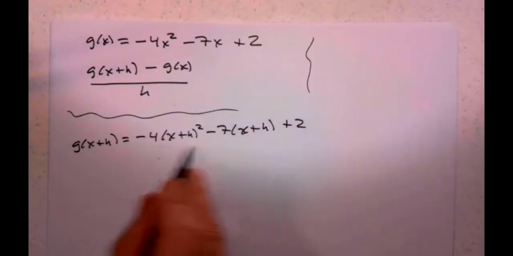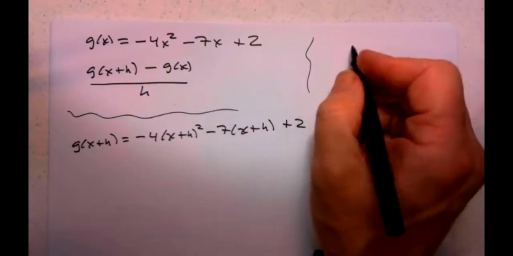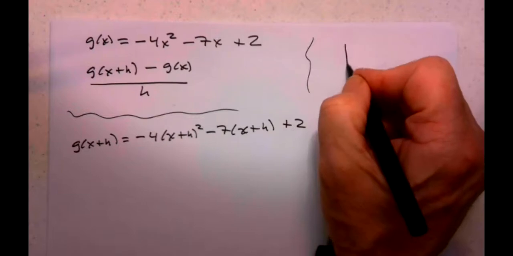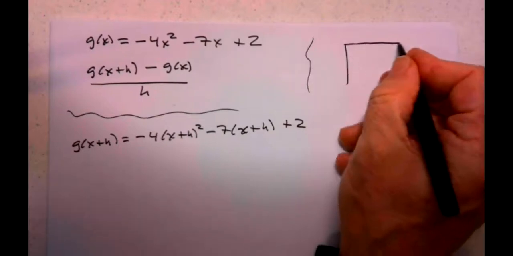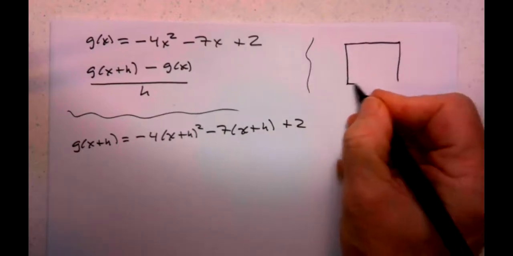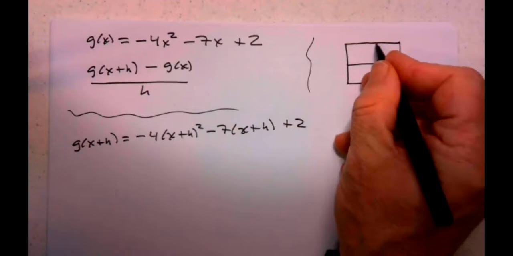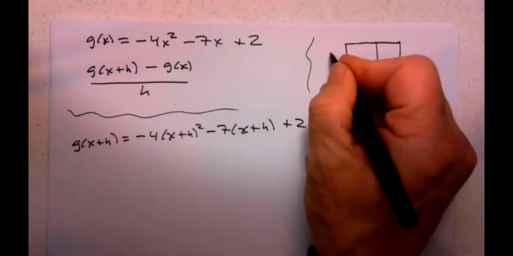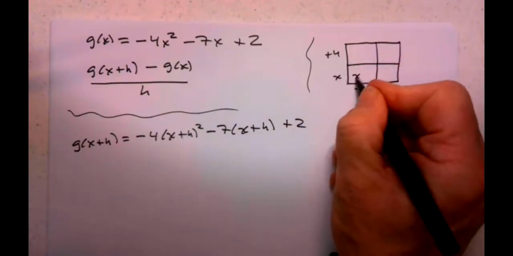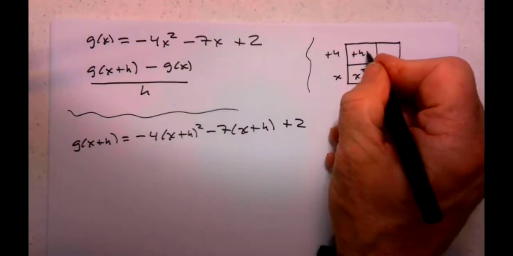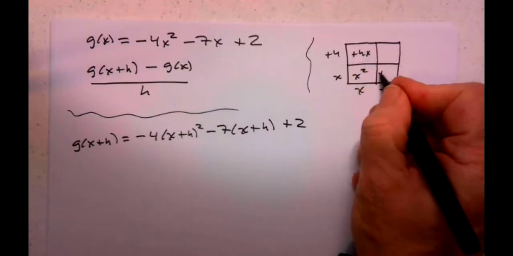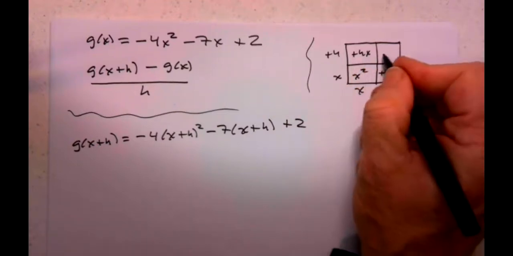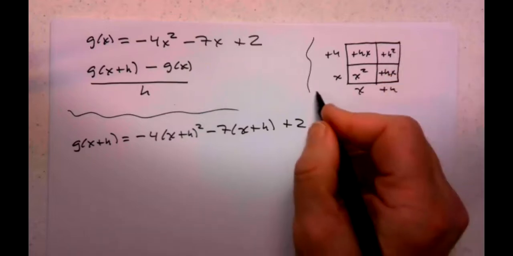You notice I have to do x plus h squared, which means x plus h times x plus h, or draw a square with x plus h on each side. x plus h, x plus h. x times x is x squared, plus h times x is plus hx, plus h times x is plus hx, plus h times h is h squared.